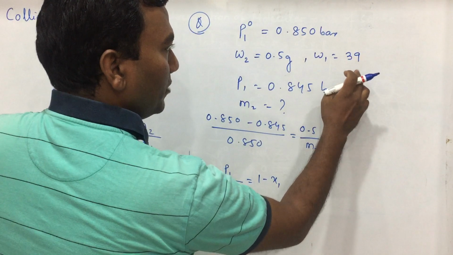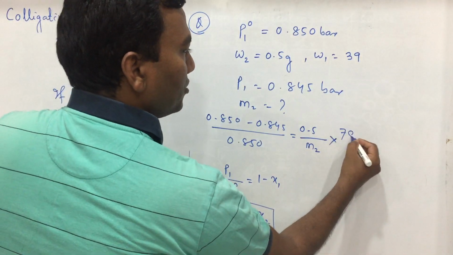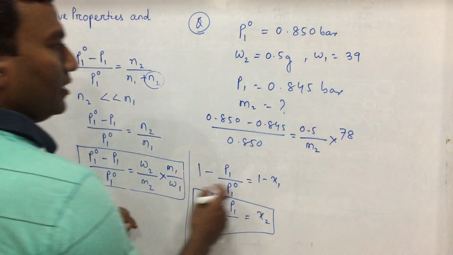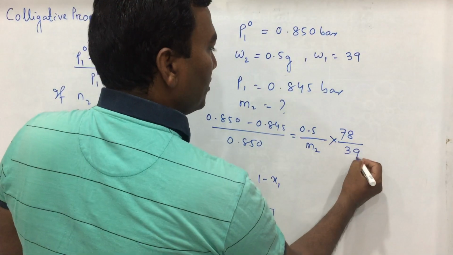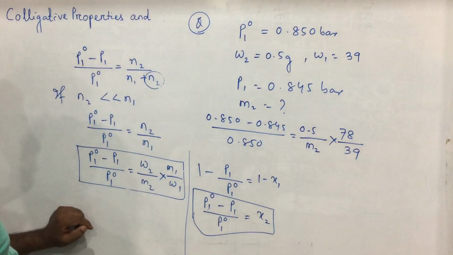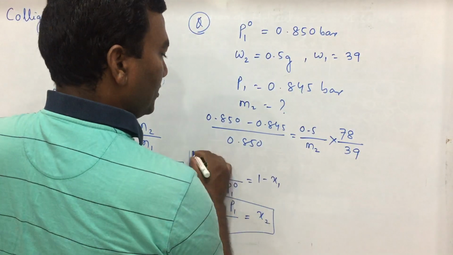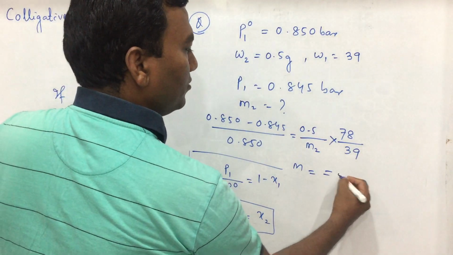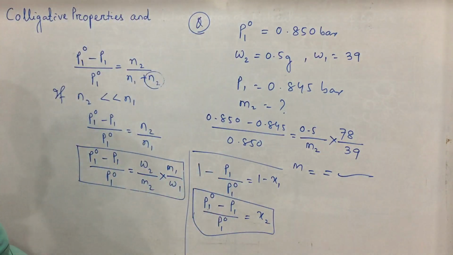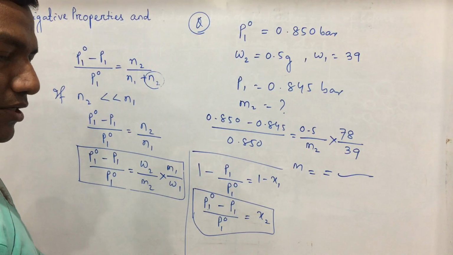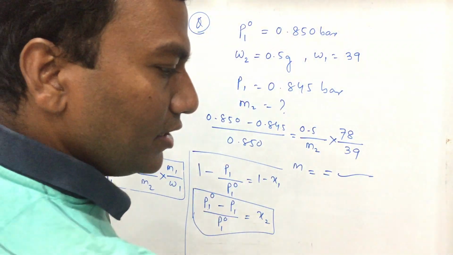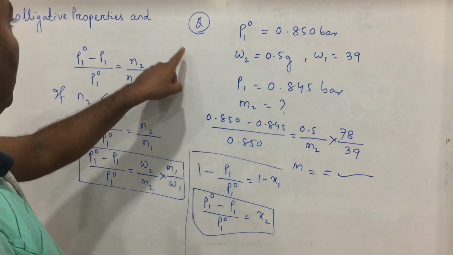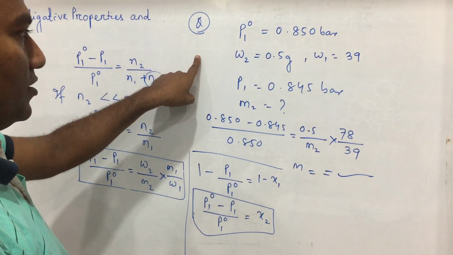M1 is benzene, which is 78, by W1, which is 39. If you calculate this, you can solve for M2. Clear? So this is called your relative lowering of vapor pressure.